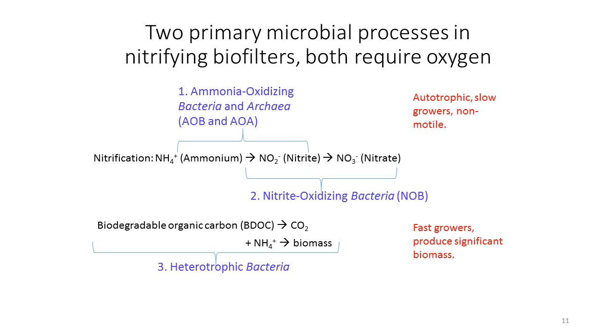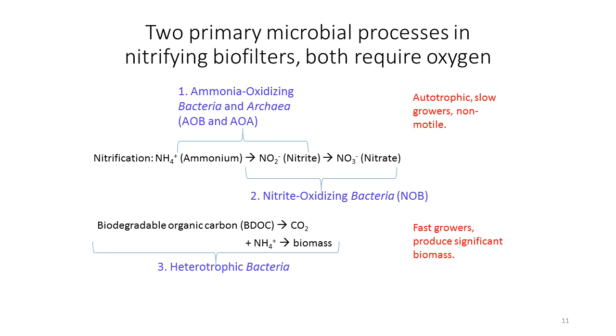The second primary process is the one you would typically find in your full-scale biofilters, which is oxidation of biodegradable organic carbon to carbon dioxide. The organisms that do this are the heterotrophs, and they also need some kind of nitrogen source. If ammonia is available, that will be their first choice, and that's how they produce their biomass.